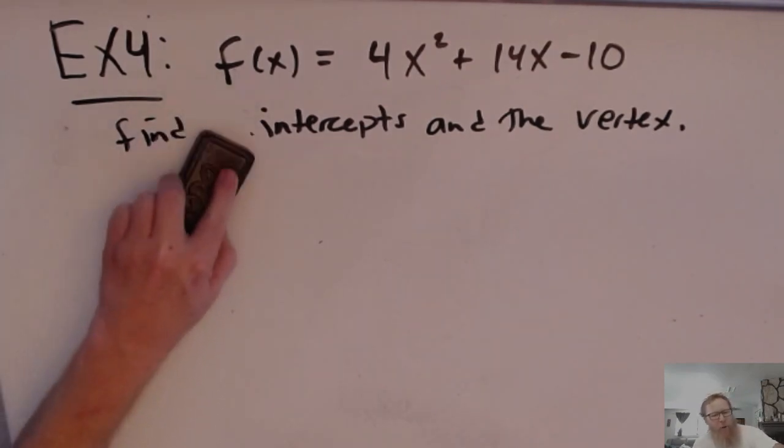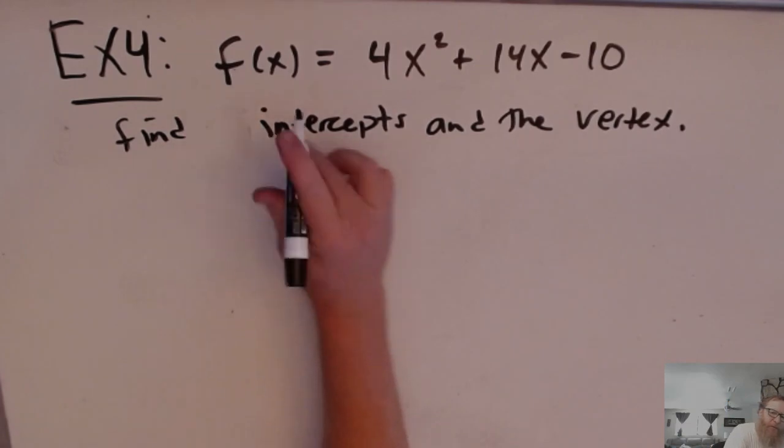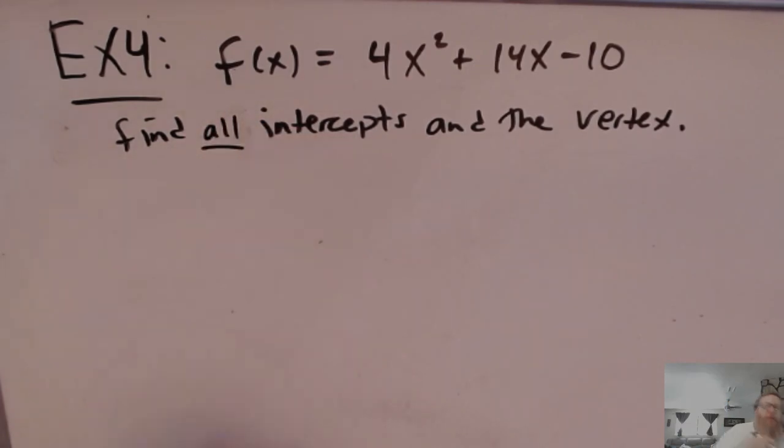Actually, let's find both of the intercepts. I'll just say find all intercepts. I guess we'll probably skip the graph on this one. We'll just find the intercepts and the vertex.